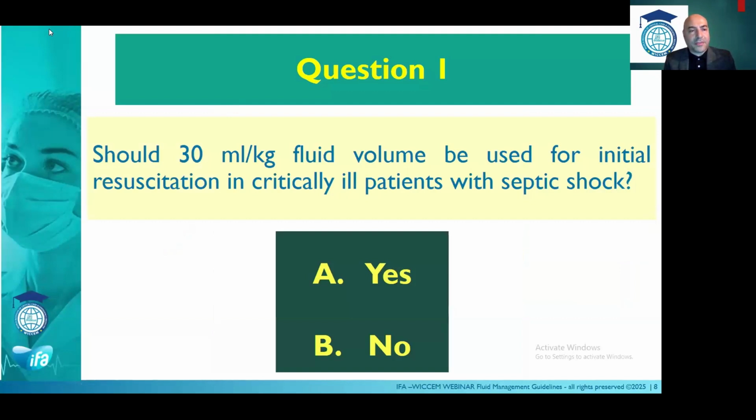Should we use 30 ml per kg fluid volume for initial resuscitation in a critically ill patient with septic shock? I'm going to give you a chance to answer. Please don't be shy. It's anonymous, so no one can see who did what.